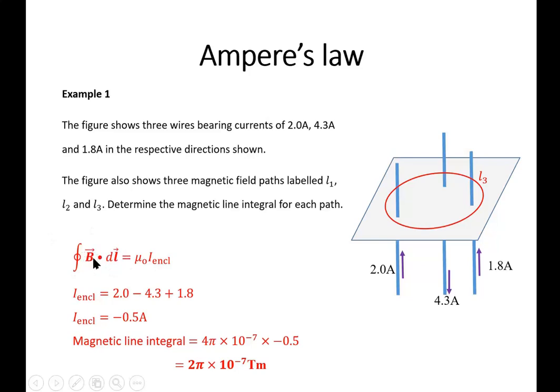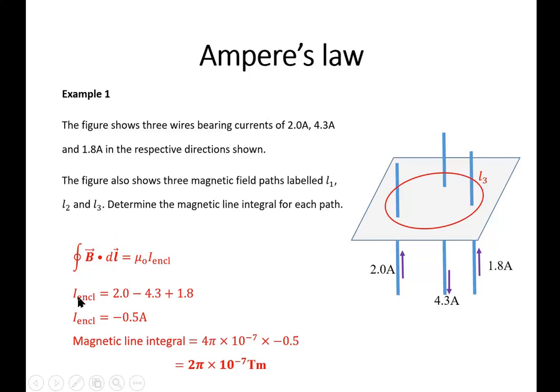We don't have the value of the magnetic field at each point, and we don't have the small element at each point, so this will just be a representation. We are not going to do any calculation here. But we'll be able to get the currents that are enclosed within this path. If we sum them together, we can multiply by the permeability of free space, and that will represent the whole of this.